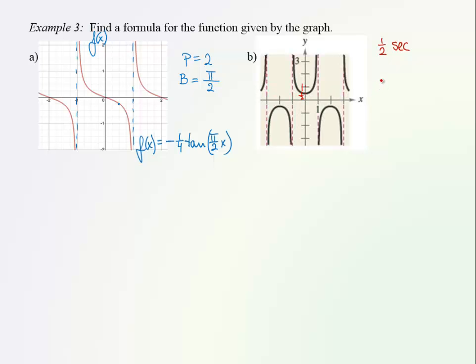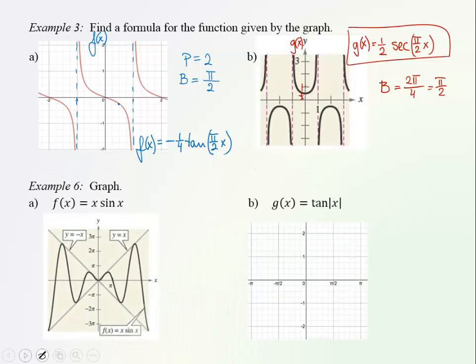So since period is 4, the b number is the regular period, which is 2 pi over 4. So it's pi half. Therefore, we have 1/2 secant of pi half x. Let's call it g of x, g function.